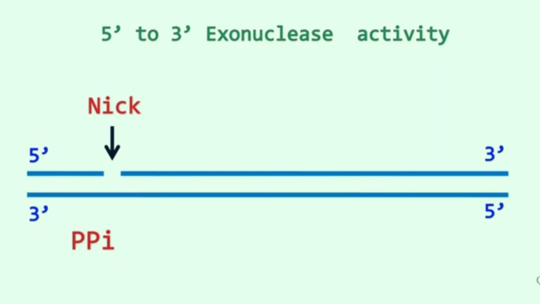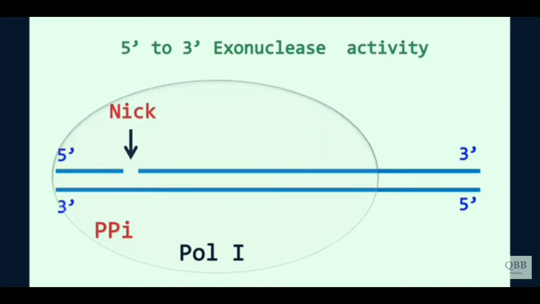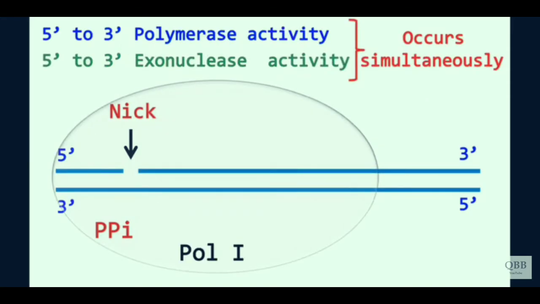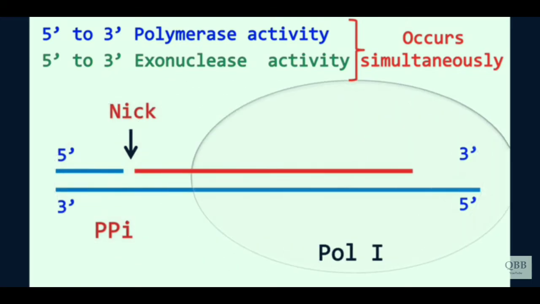This occurs when the polymerase identifies small single-stranded cuts, which are also called nicks. The 5' to 3' exonuclease activity and 5' to 3' polymerase activity occur simultaneously. The polymerase 1 replaces some of the nucleotides of the DNA, which is called nick translation.